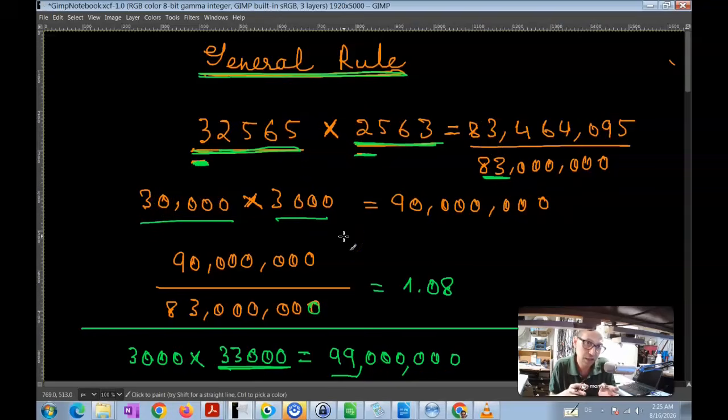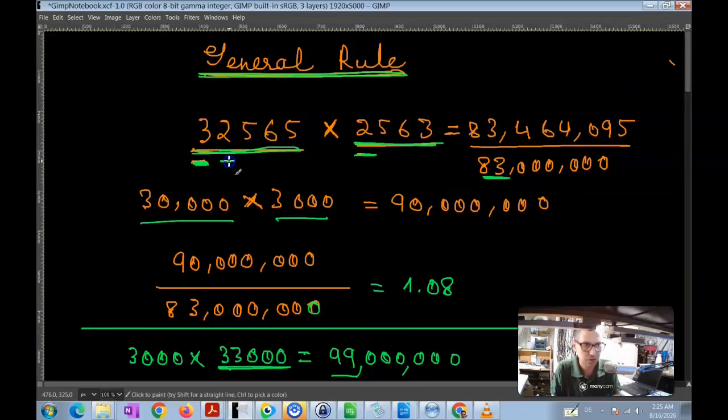Now if you need a better approximation, sometimes you will get a better approximation by rounding the numbers to smaller place values. Meaning that, for example, over here I have the 33,000.